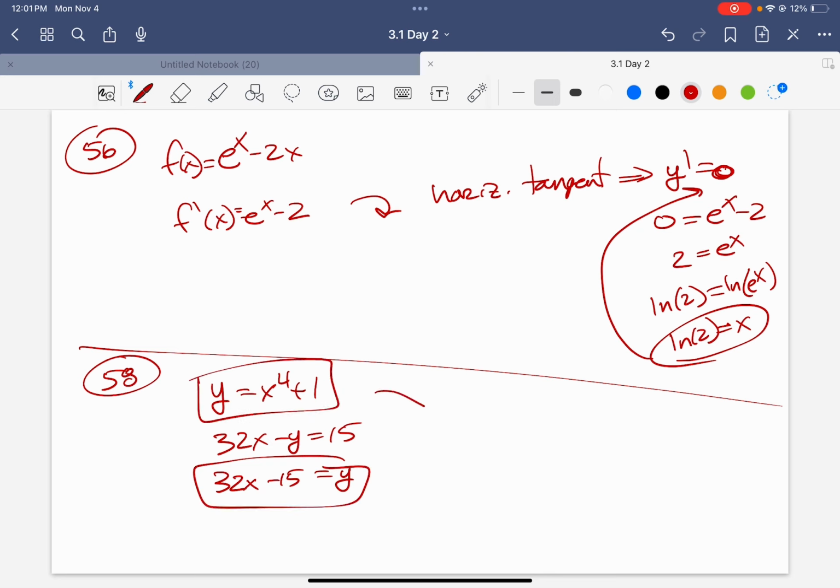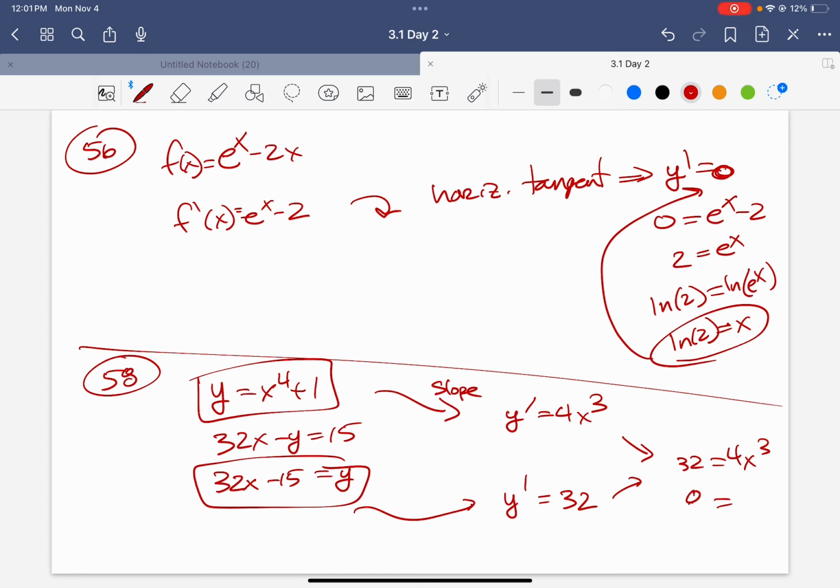I find the slope of this one to be 4x cubed. That's my slope machine for that curve. And for this one, the slope machine is 32. So I want to know when this is equal to this. If you divide, you get 8 is equal to x cubed. So x is equal to 2. So 2 is where they have the same slope, which means they're parallel.